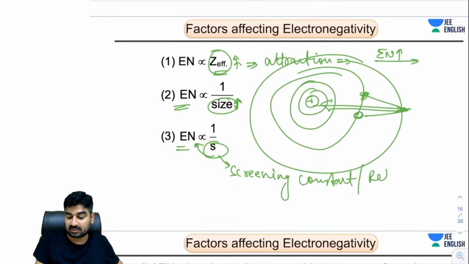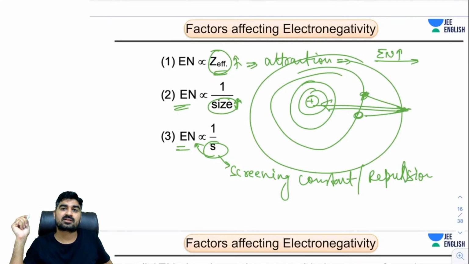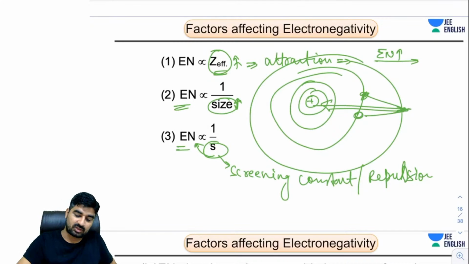You should always consider it as repulsion, so that you can feel what S is. Whenever Z effective is given, always consider it as attraction. Right? So now 3 points are clear.